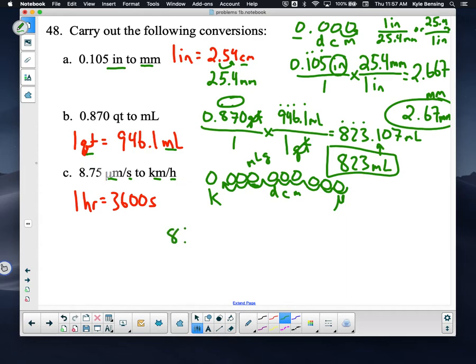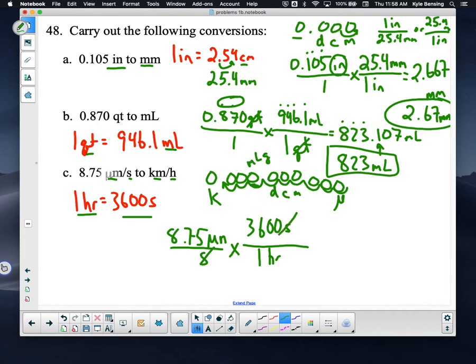So 8.75 micrometers over seconds times. Now, notice that for my conversion, I have 1 hour equals 3,600 seconds. The 3,600 seconds goes on top and 1 hour on the bottom, so that seconds and seconds cancel.